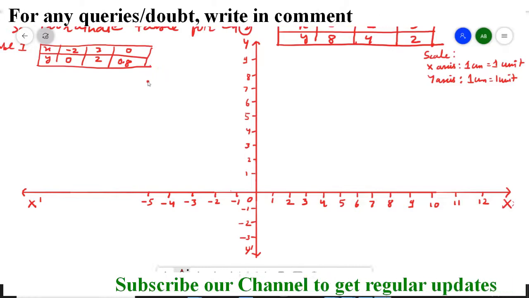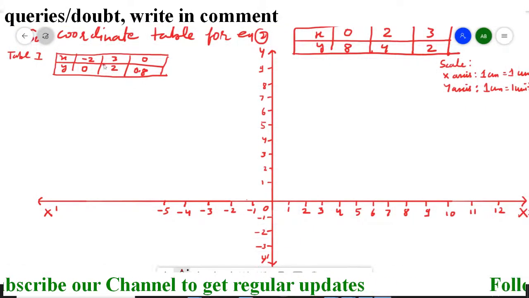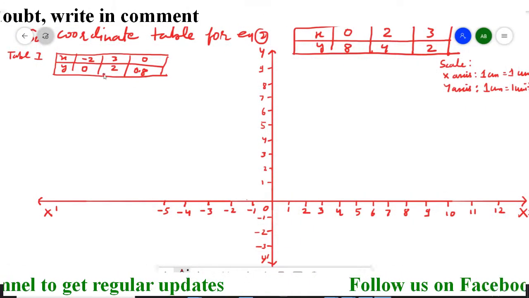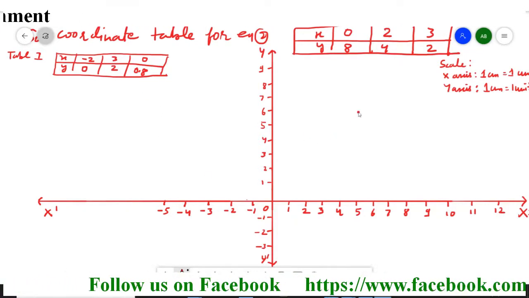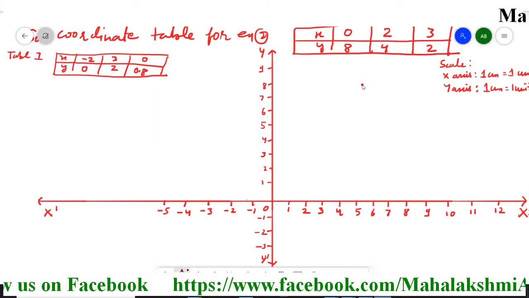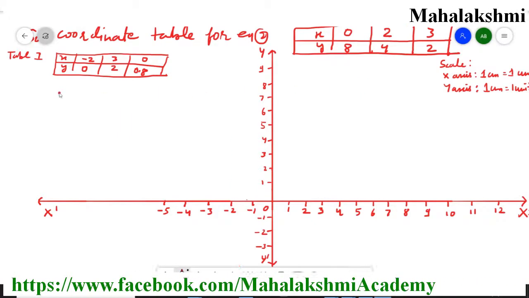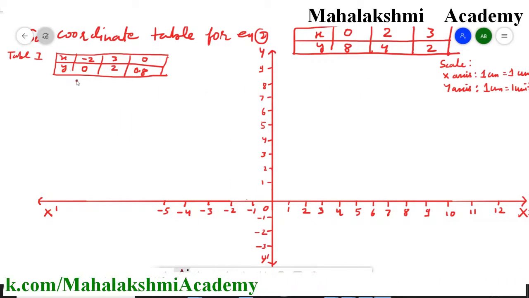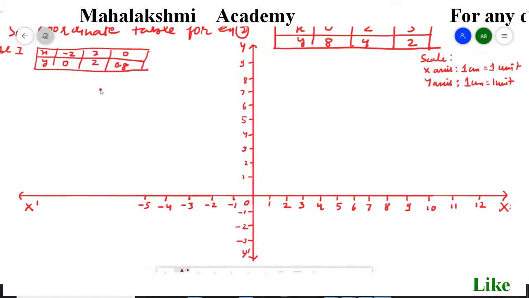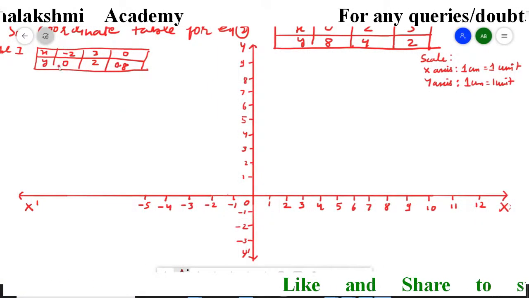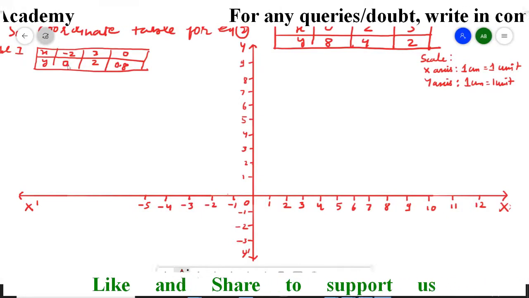Now the coordinate table for equation 1 I wrote here roughly, and after that I will erase it so that I can locate the points, because it's very inconvenient to move again above and down. So here we have to locate the points on the graph. For that we'll start from the first pair. The first pair is -2, 0.